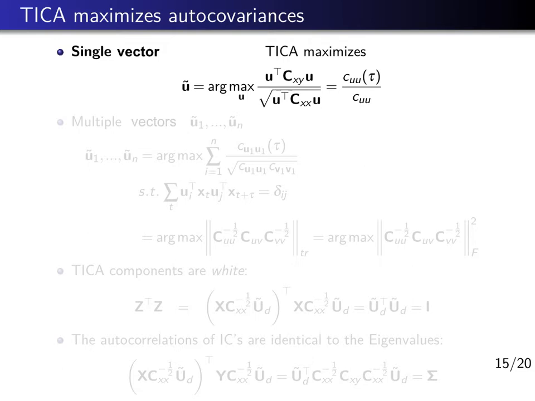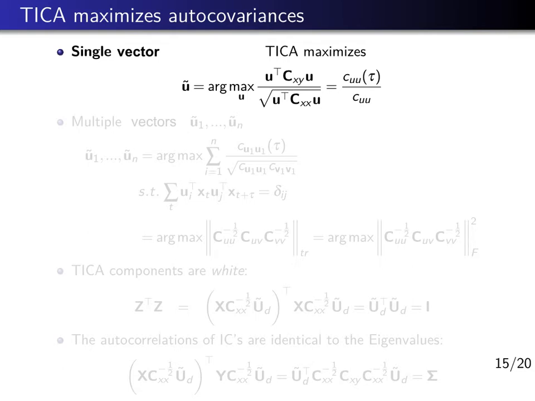So the time-forward covariance matrix is equal to the time-backward covariance matrix. Then TCCA turns into TICA, and instead of a singular value decomposition, we can perform an eigenvalue decomposition in order to derive the results. And in this case, instead of a pair of vectors u and v, we only have a single vector u.